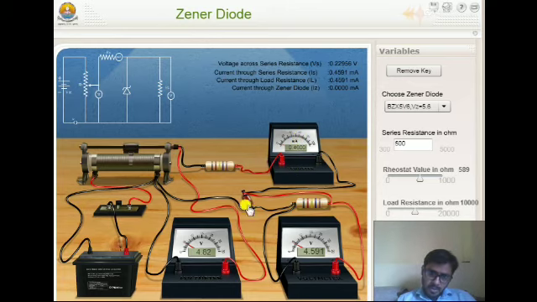So friends, in this circuit, the Zener diode is provided in this virtual lab. There are three different values of Zener diode: 5.6, 7.5 and 10 volts.